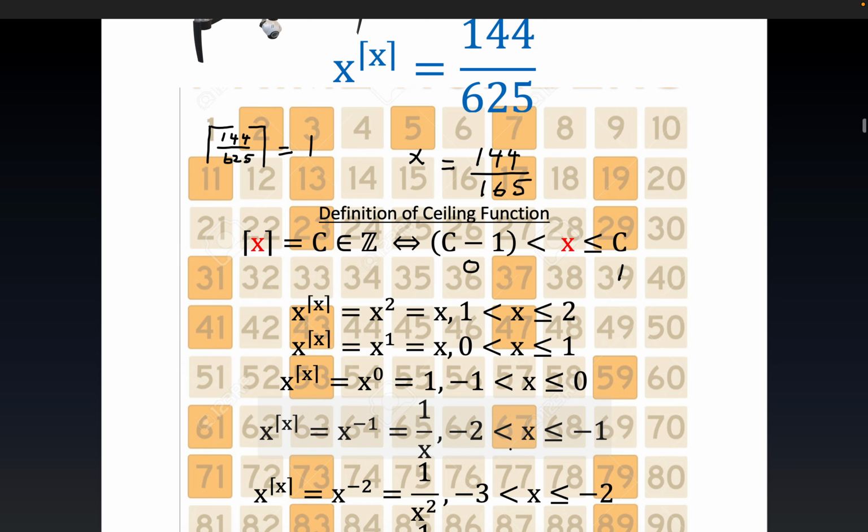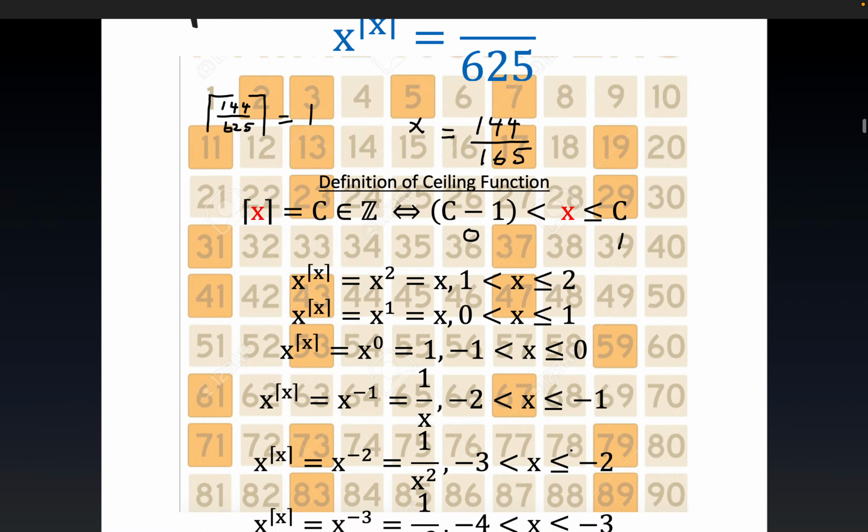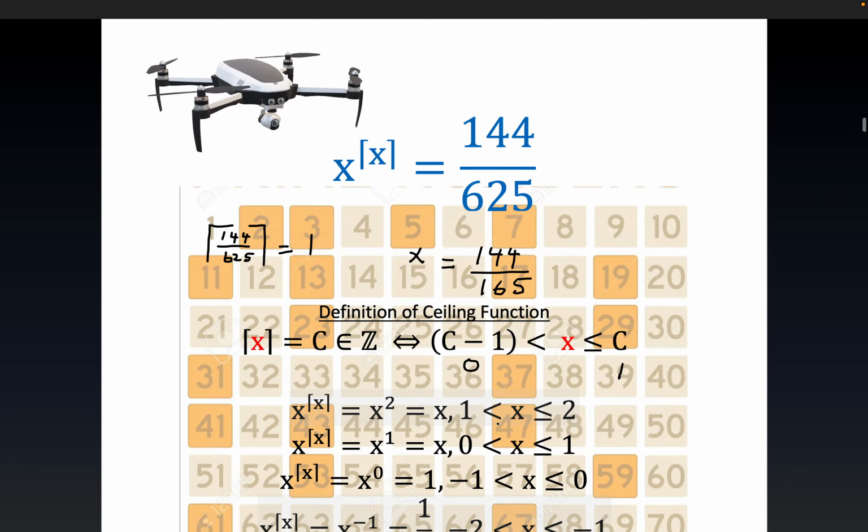Now notice what happens when you're in negative intervals. By the property of exponents, you get a reciprocal condition, 1 over x, for all numbers between minus 2 and minus 1. And then we get this condition that looks favorable, and let me point out why.